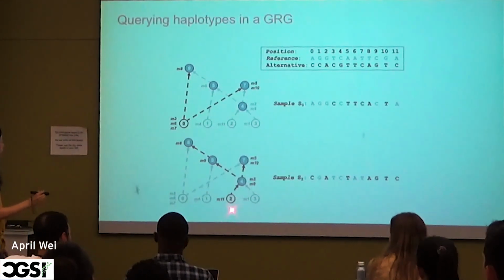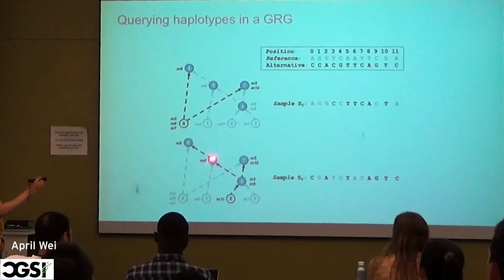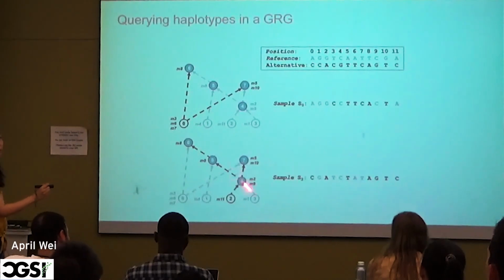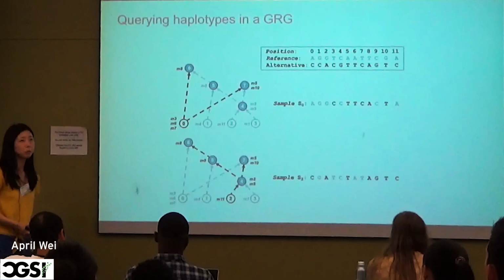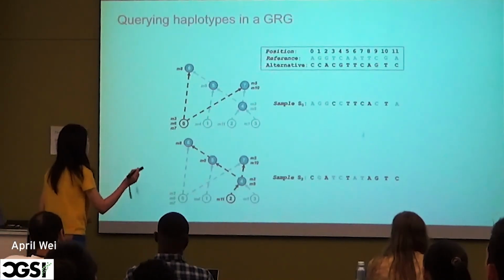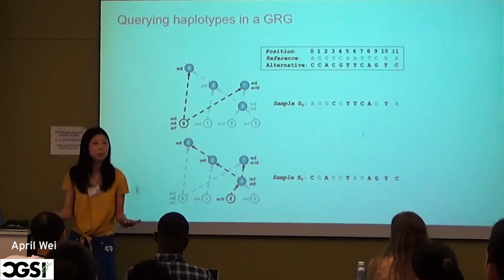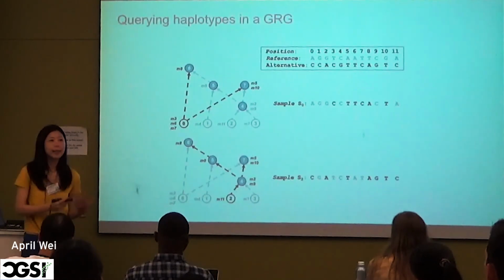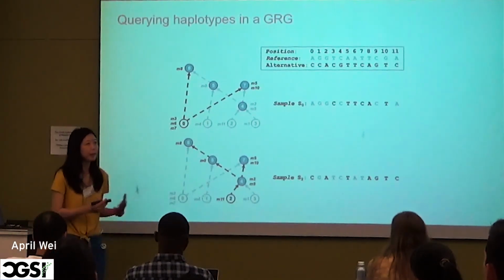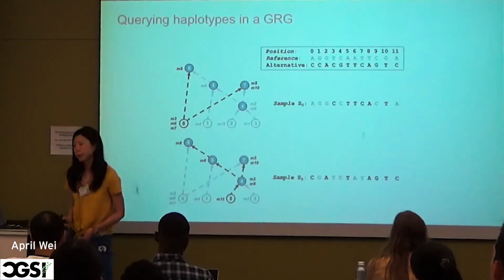And this is another example. Node 2 traverses to 4, to 7, to 5, to 6. So all these mutations will be placed into this haplotype as the variants it carries. And the rest of it would be the default, the same as reference, if we define the default as reference. If we define the default as major allele, then they're the major variant. If we define the default as ancestral, then they're the ancestral. So we could have these different ways, but this is how we're going to extract that information.